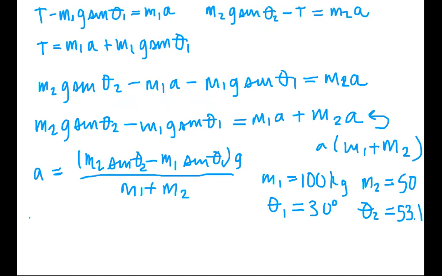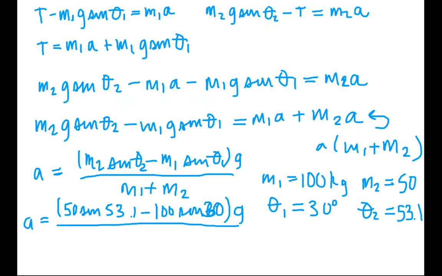You get acceleration is equal to 50 times the sine of 53.1 minus 100 times the sine of 30, times gravity, which we know is 9.80, divided by 50 plus 100. And if you plug all of that in, you get an acceleration value of negative 0.65 meters per second squared.